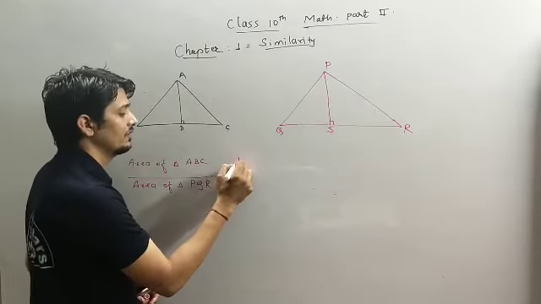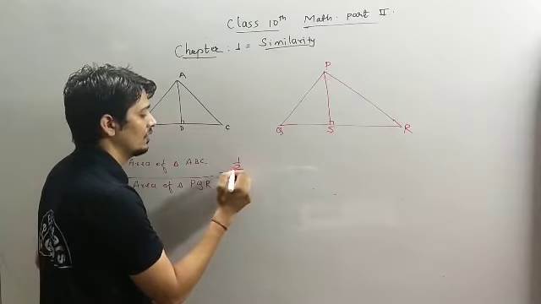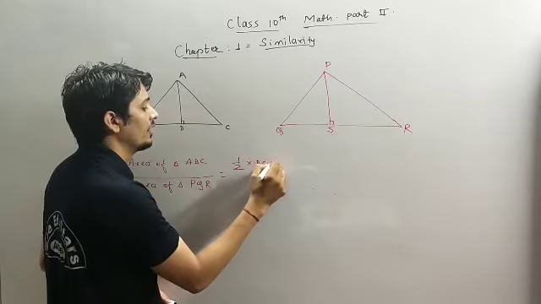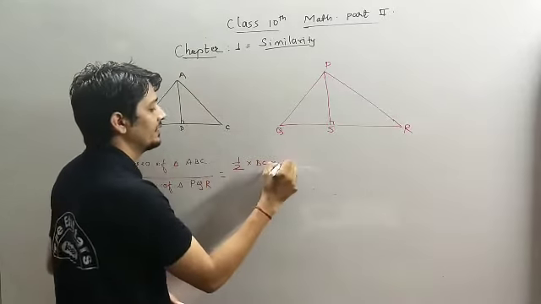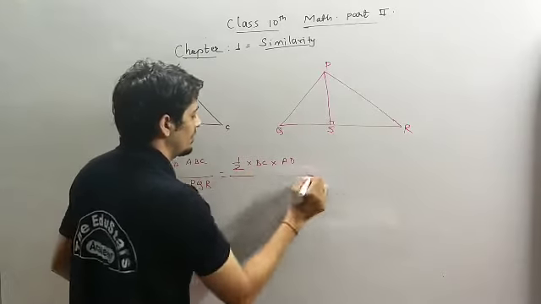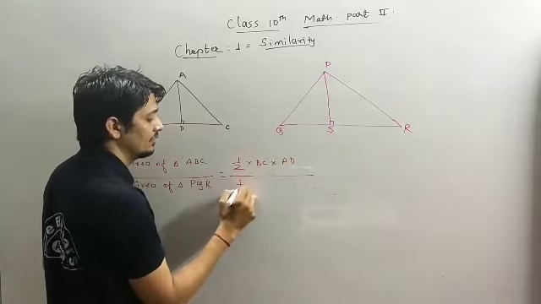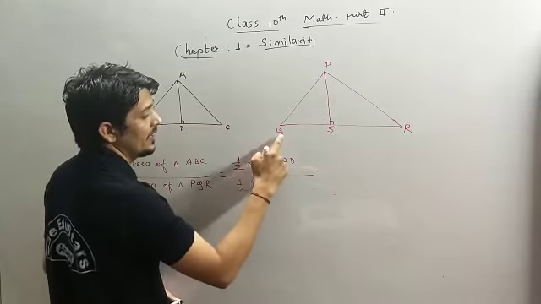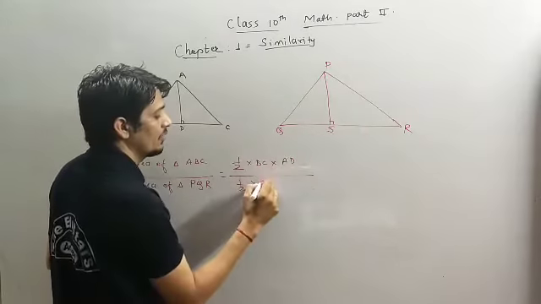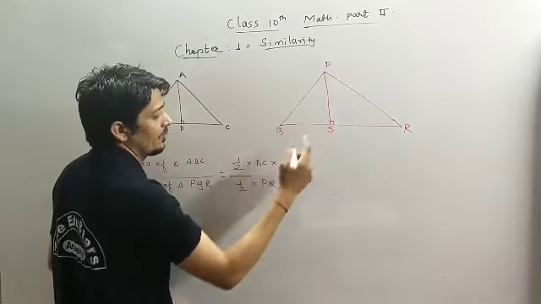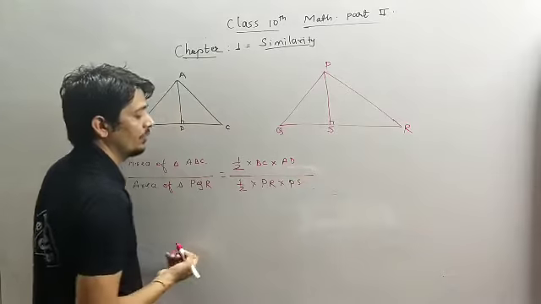It is half into base BC into height AD, divided by, and the area of triangle PQR is half into base PR into height PS.